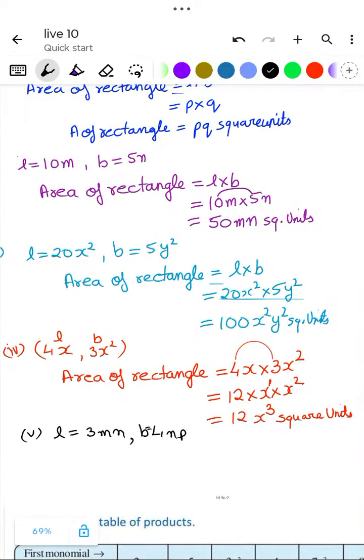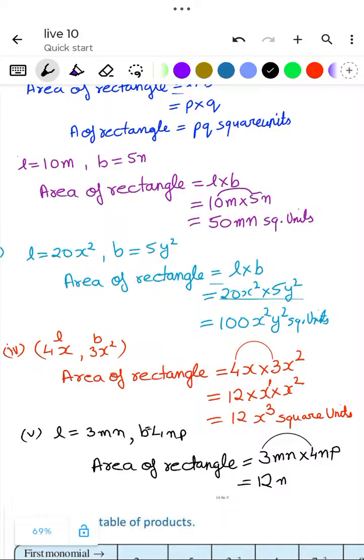So the area of the rectangle will be equal to 3mn times 4np. Multiplying the digits, we will get 12m. This is 1n and this is 1n. So 1 plus 1 will be n square p square units.